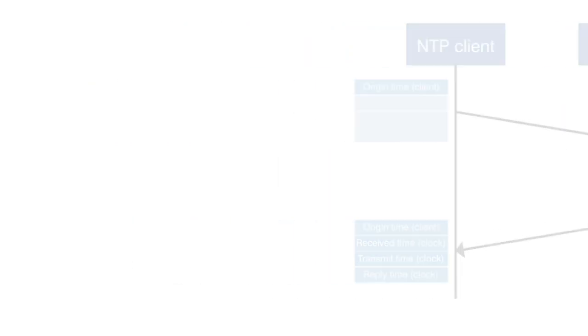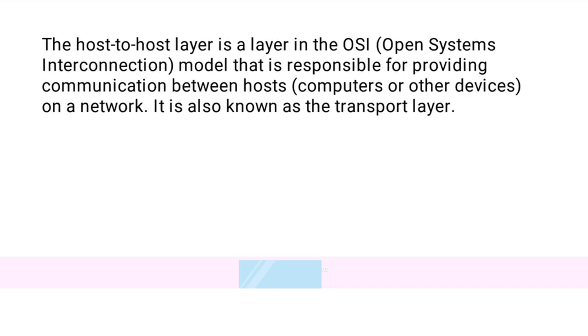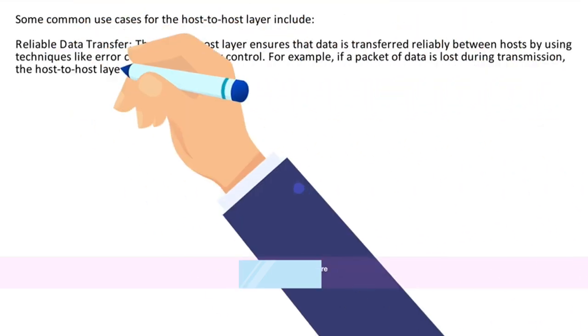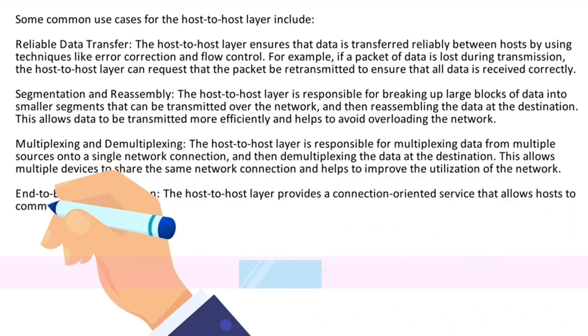The host-to-host layer is a layer in the OSI (Open System Interconnection) model that is responsible for providing communication between hosts, computers or other devices on a network. It is also known as the transport layer. Some common use cases for the host-to-host layer include reliable data transfer.